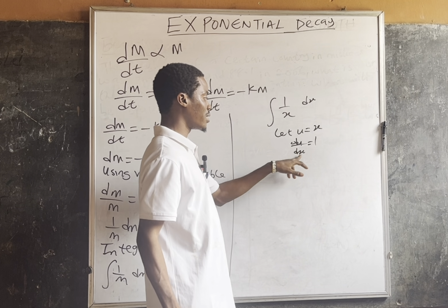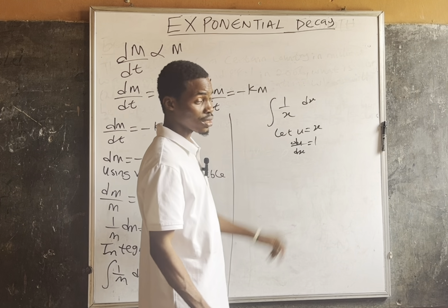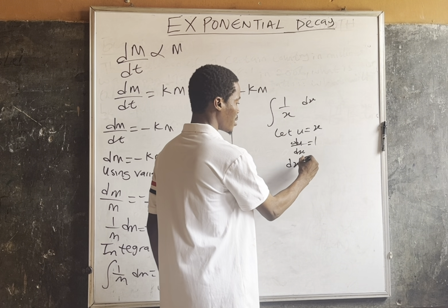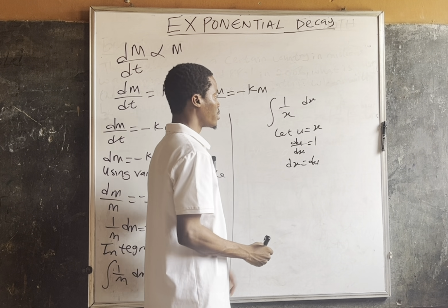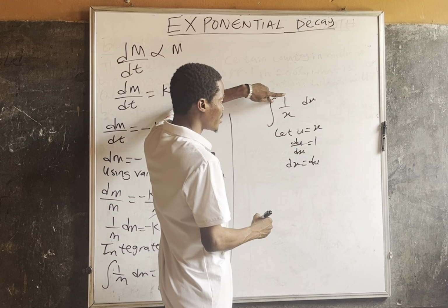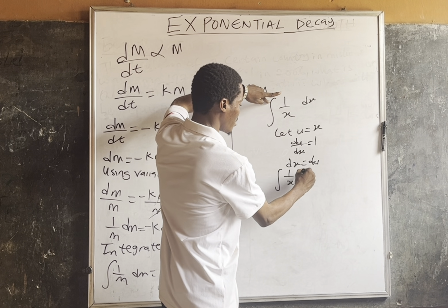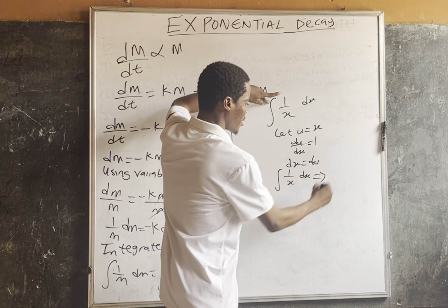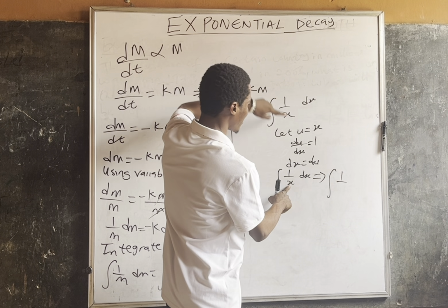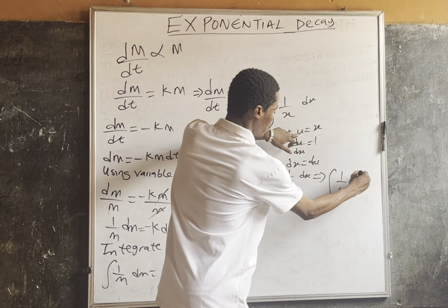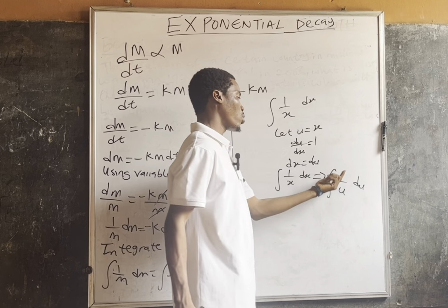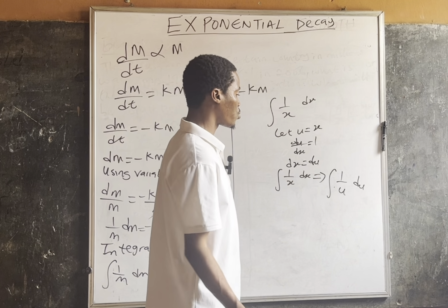If du over ds is 1, let's make ds the subject. We have ds is equal to du. So let's take the integral of 1 over s ds. This implies the integral of 1 over u du.